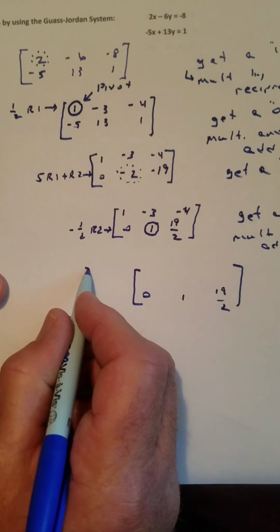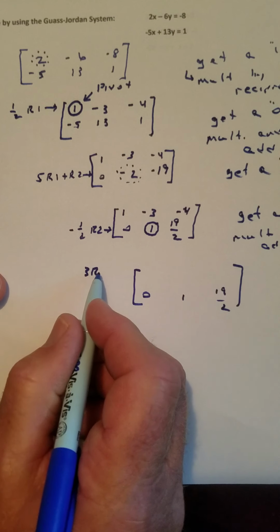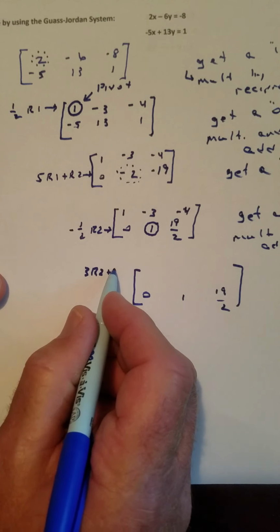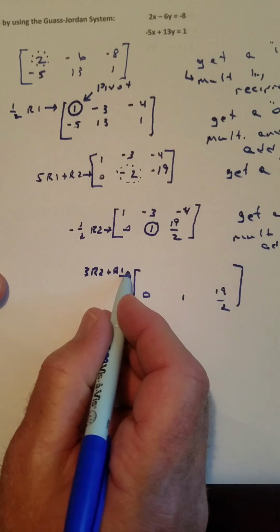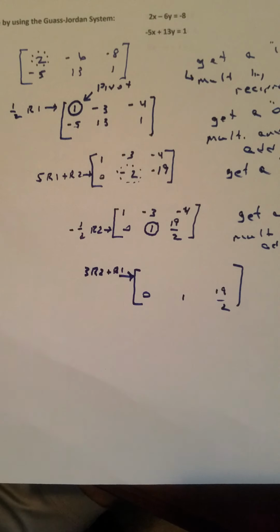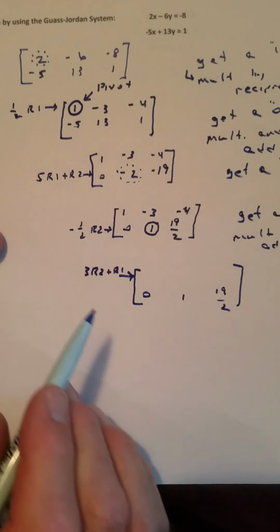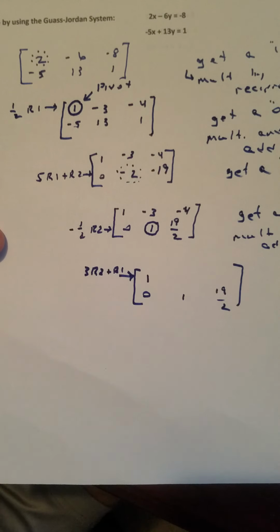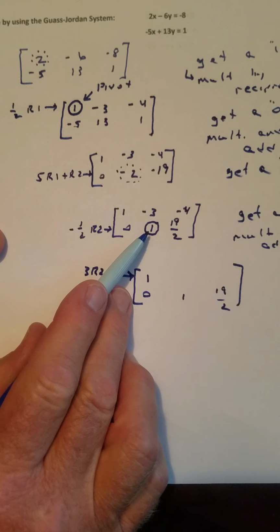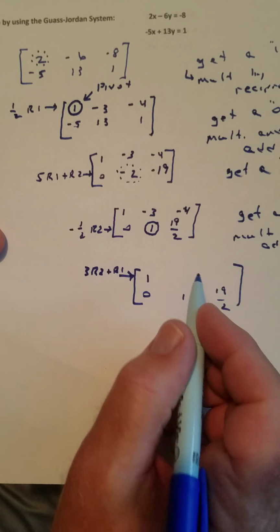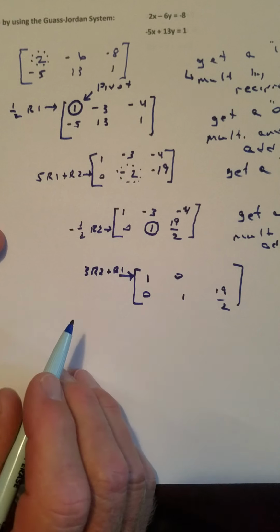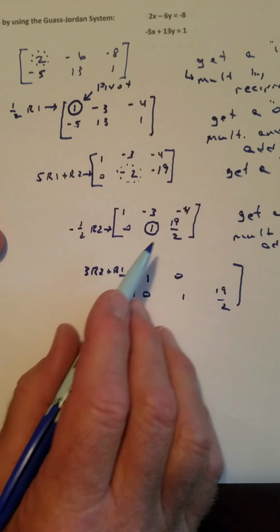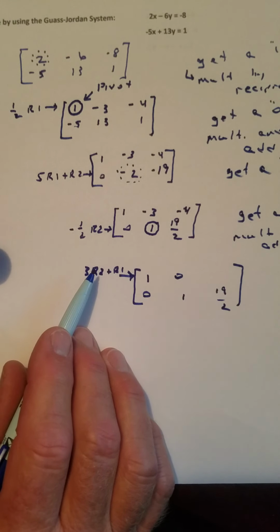I'm just going to go ahead and put those in here. So we're going to take 3 times row 2, and we're going to add it to row 1, and we're going to put our answers in right there. So 3 times 0 is 0, plus 1, that's still 1. 3 times 1 is 3, plus negative 3 is 0. And then 3 times, this gets a little bit ugly, just go with me on this one.